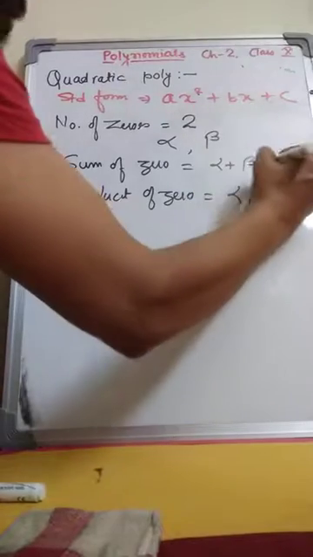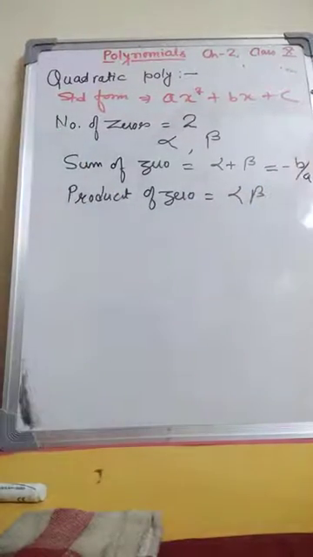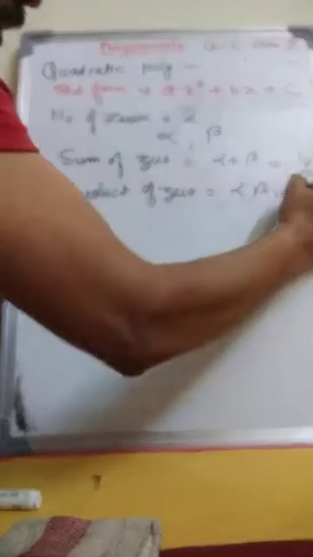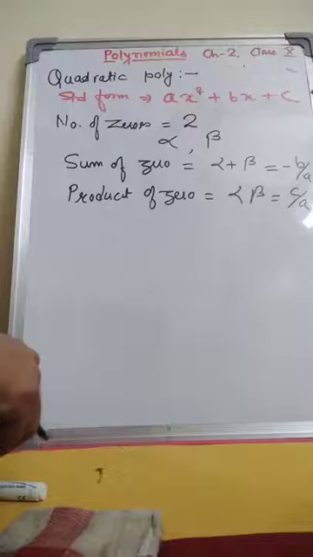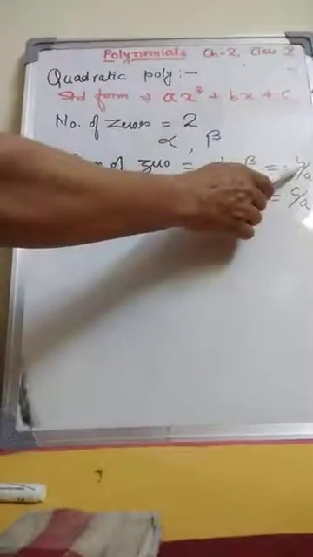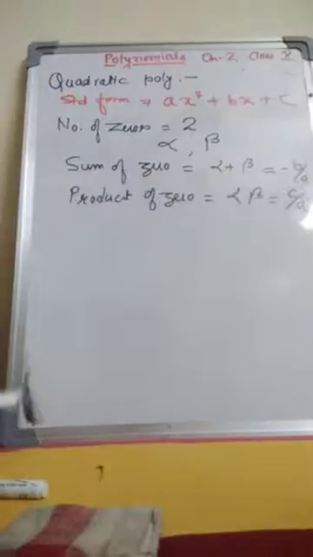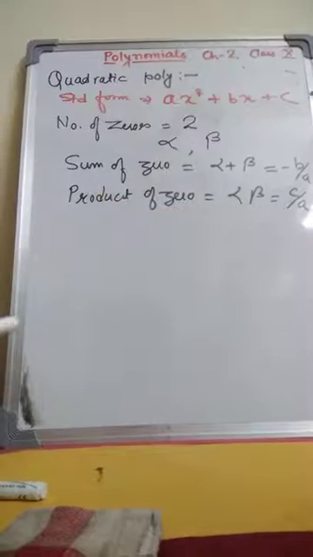The sum of the zeros is minus b upon a, and the product of the zeros is c upon a. What is the meaning of sum of the zeros as minus b upon a? b is the coefficient of x, so it is coefficient of x upon coefficient of x square. Product of zeros is the constant term upon coefficient of x square.